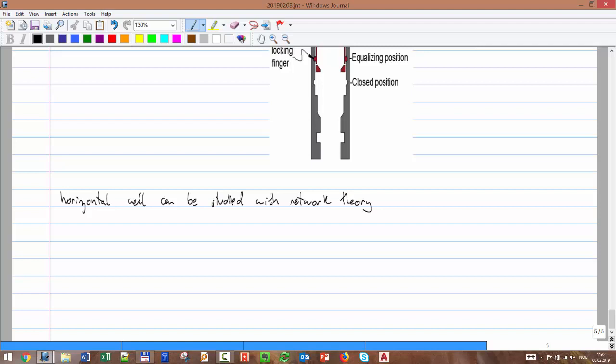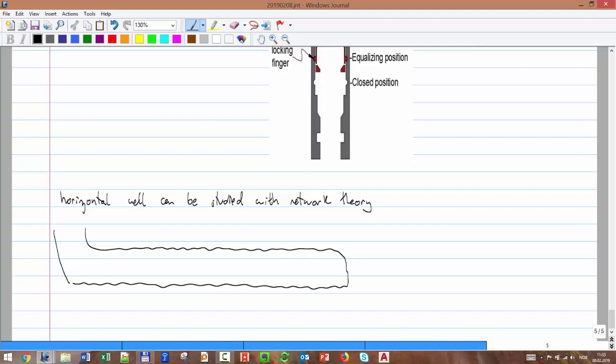Okay, so let's look at a well, for example, where we have a horizontal well. Let's make it open hole. So something has been drilled here. That's my well. Okay, and then I have, that's the layer of oil.